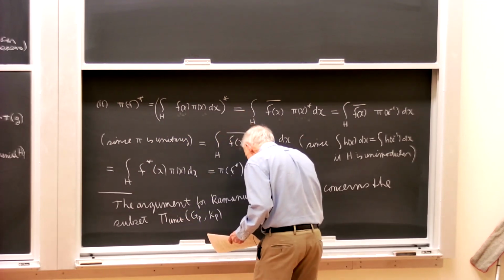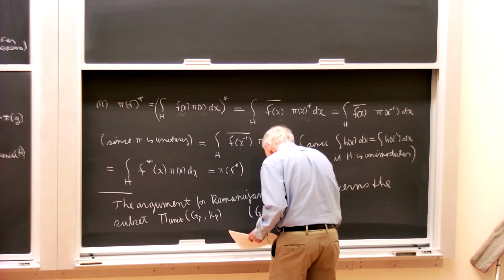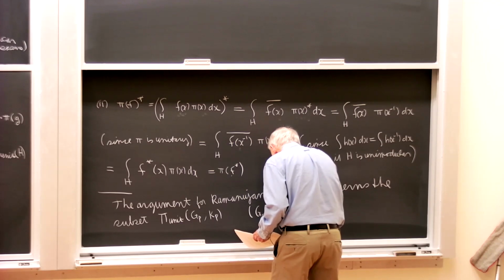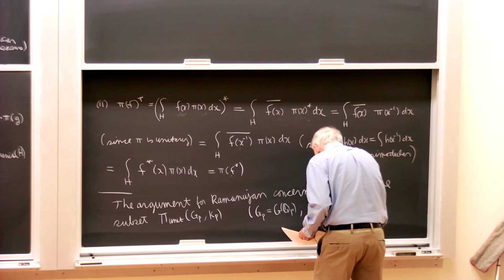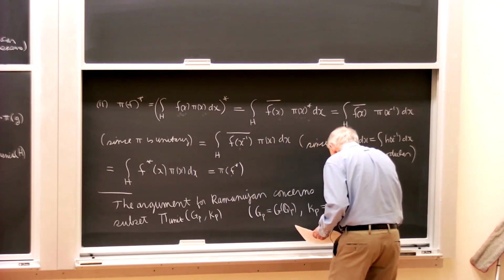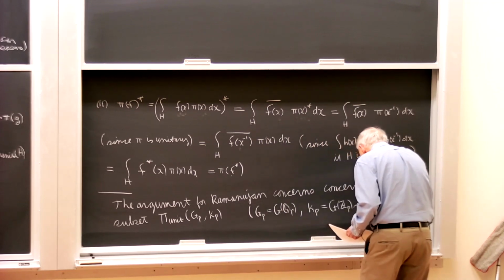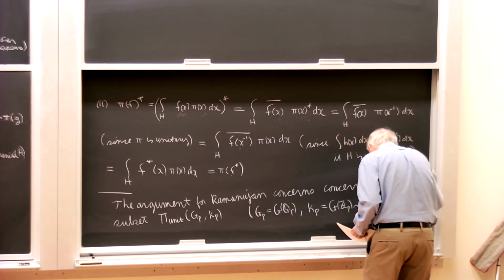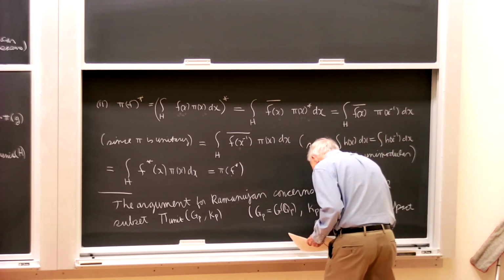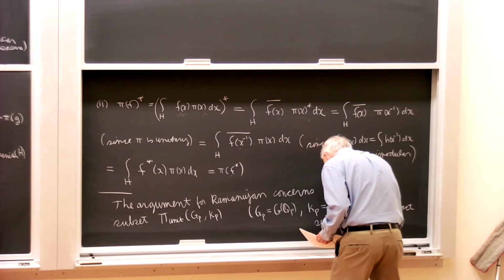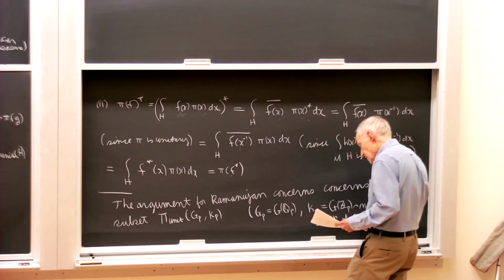So I'm going to be writing K_p for G(Z_p), maximal compact subgroup of G_p. So I'm going to be writing that.